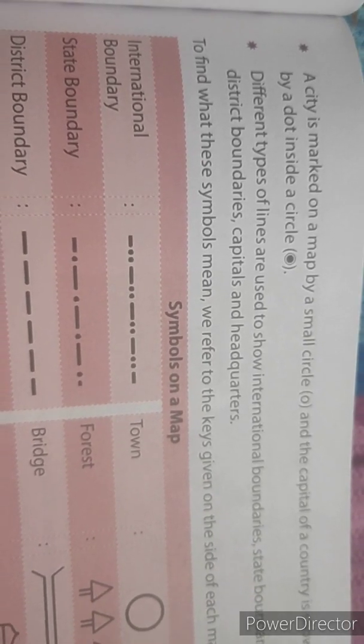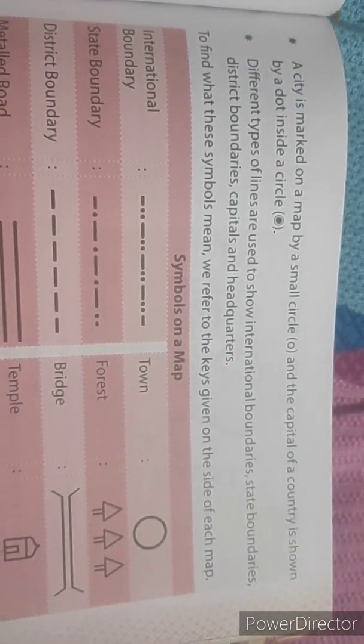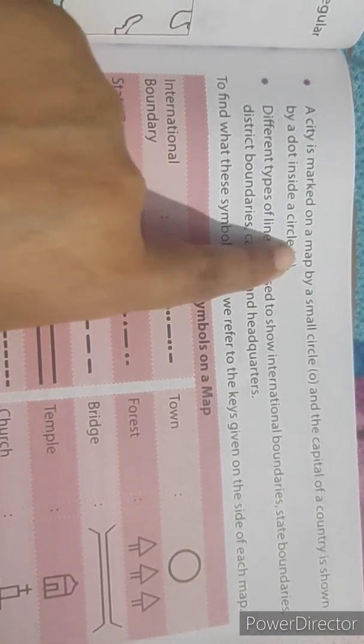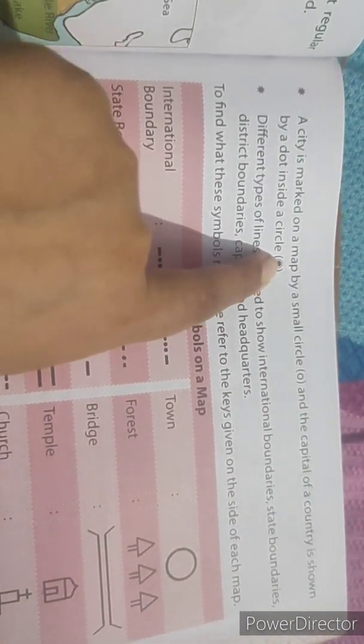A city is marked on a map by a small circle, and the capital of a country is shown by a dot inside a circle. There is one circle and there is a dot inside that circle.